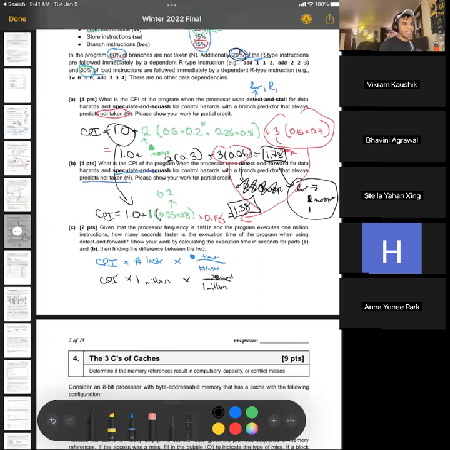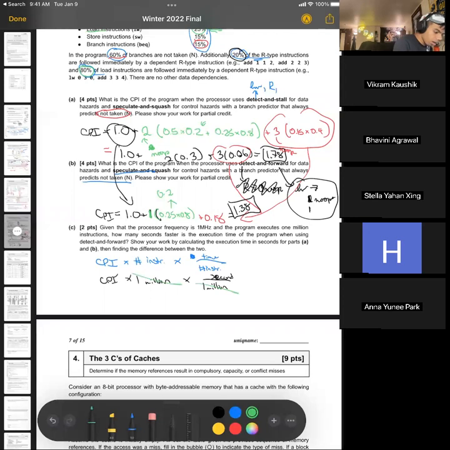And so before we even calculate the amount of time that it would execute for either, what I can do preliminarily is cross those out and basically say that the amount of time that the program is going to execute on each processor is going to be the CPI number of seconds, right?